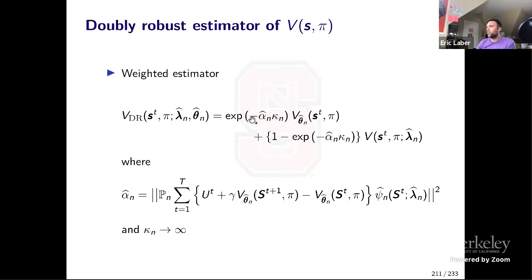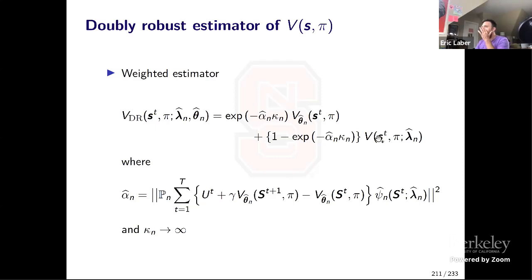And so what we have here is e to the minus alpha hat times kappa_n. I'll talk about these in a minute. So there's some weight times a value based on the estimating equation plus 1 minus e to the minus alpha kappa_n times a value based on our system dynamics model. Right? So we have a convex combination of our two value functions. One is based on the model. This one's based on the estimating equation with the efficient weights from the model.